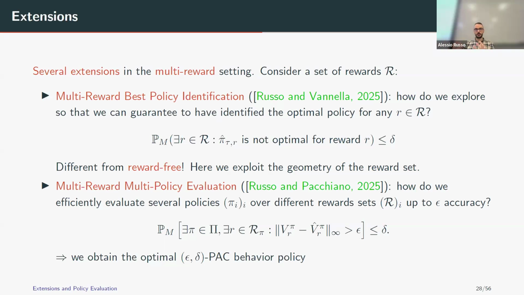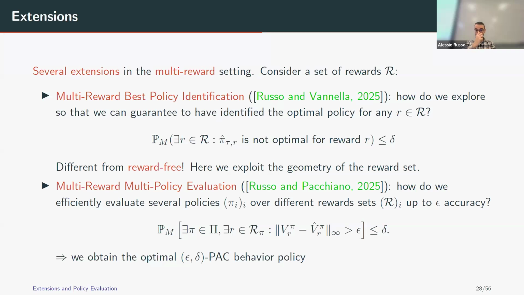So the data you need to have collected needs to be of good quality, because otherwise you will not be able to give this guarantee that for any possible reward in this set, you have at most epsilon accuracy with at least confidence 1 minus delta.